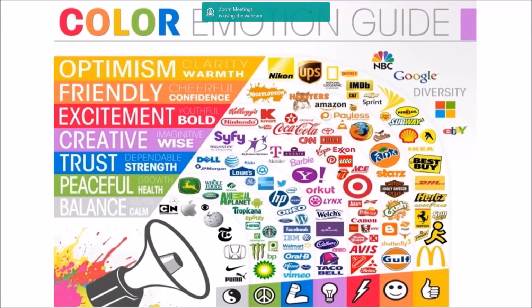Red is excitement. You're young, you're bold. Now, when you see violet, you will see creative. They are very imaginative. And blue is for trust, dependable, and strength. Green is for growth and health. And gray is for balance and for being calm.